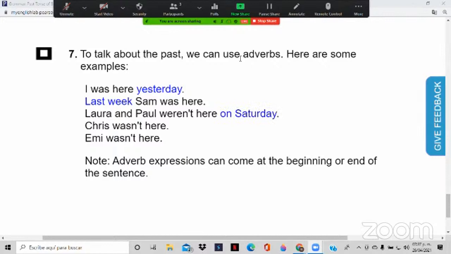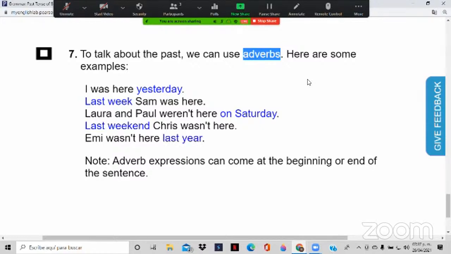Last weekend, Chris wasn't here. Emmy wasn't here last year. Note: adverb expressions can come at the beginning or end of the sentence.